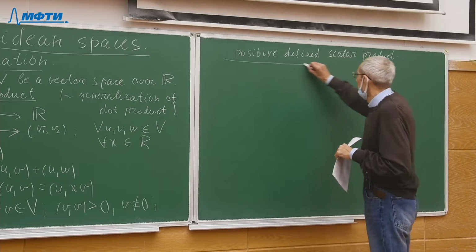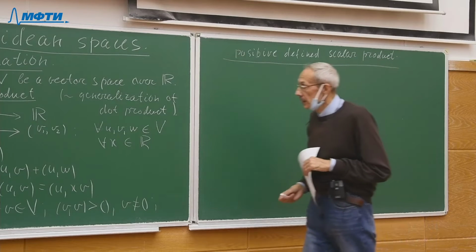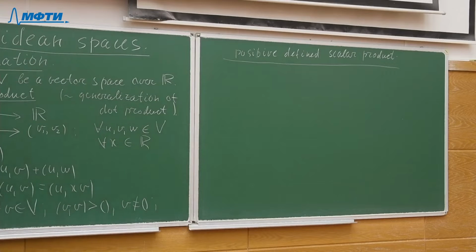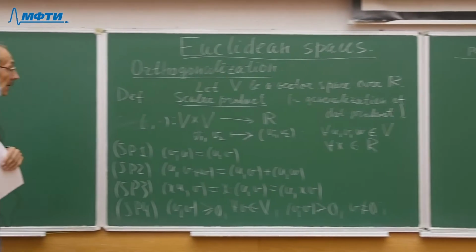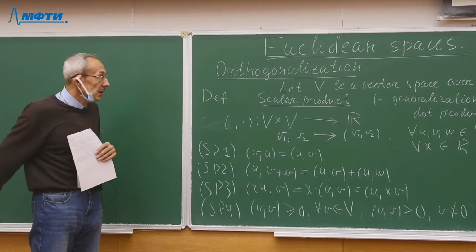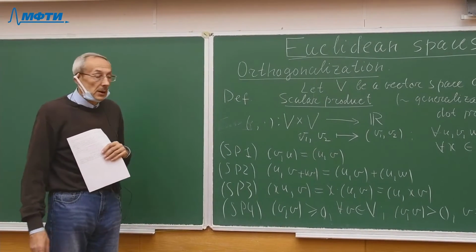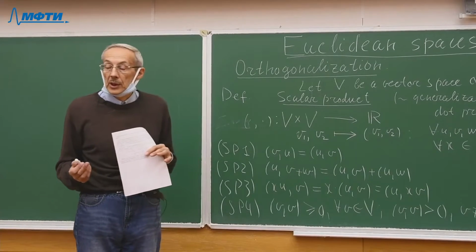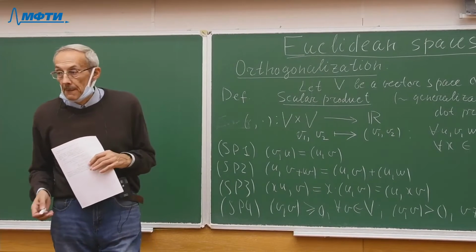But in any example, we deal with a positive definite scalar product. And this scalar product, as mentioned above, is a natural generalization of the dot product.